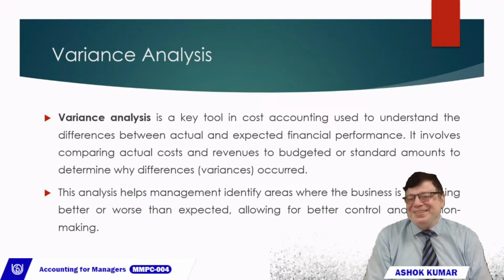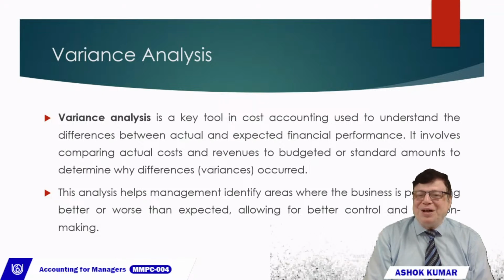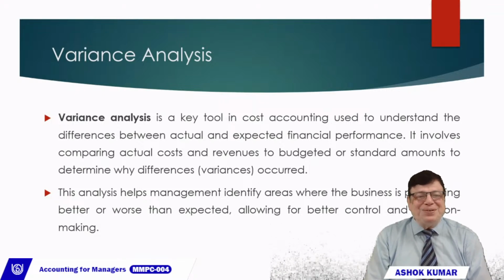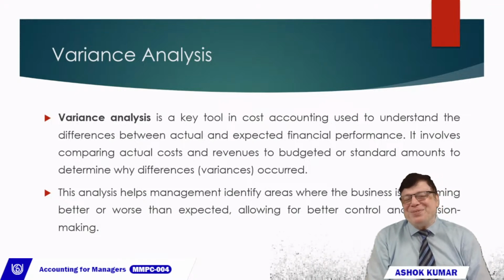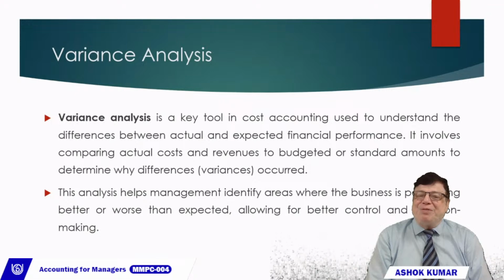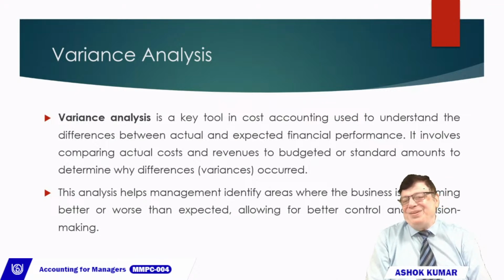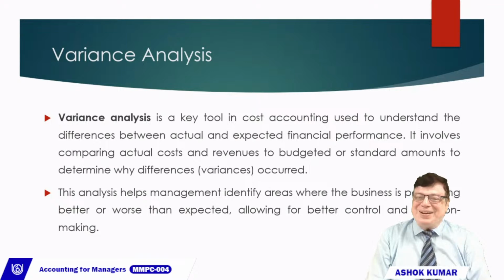differences occur. What were our budgets, what was our budget of revenue, what was our budget of cost, but what actual costs occurred and how much actual revenue was earned. So why this difference is there, this we have to study.